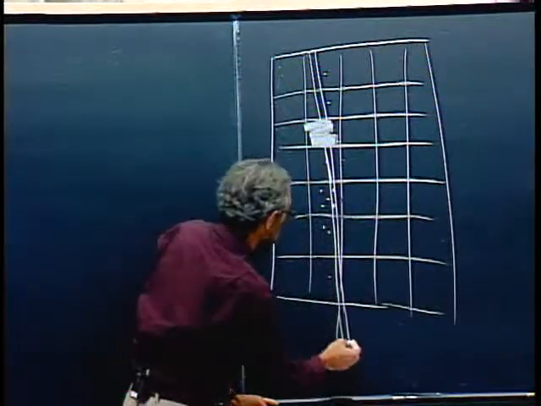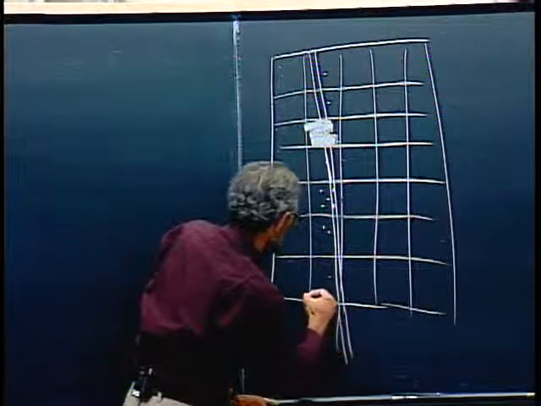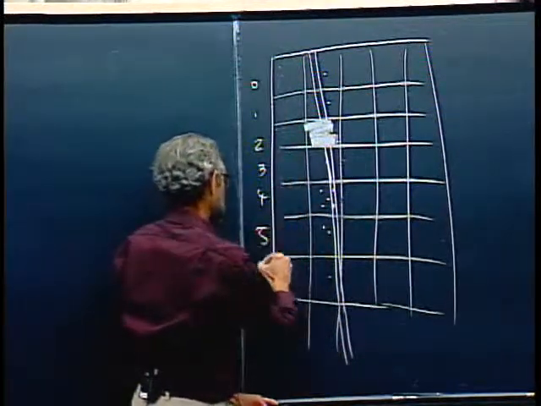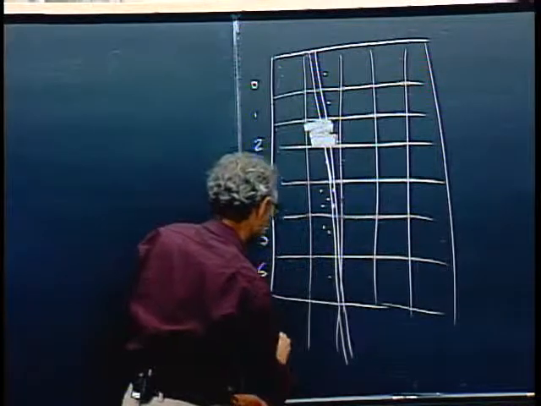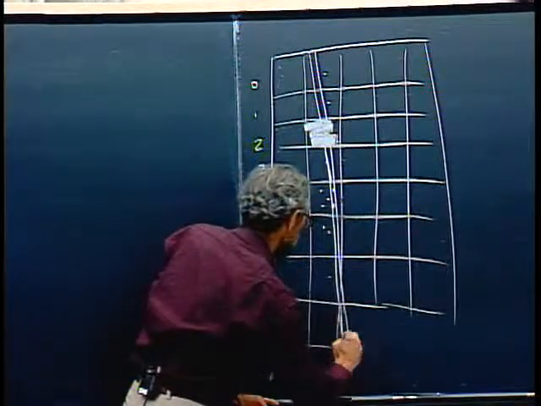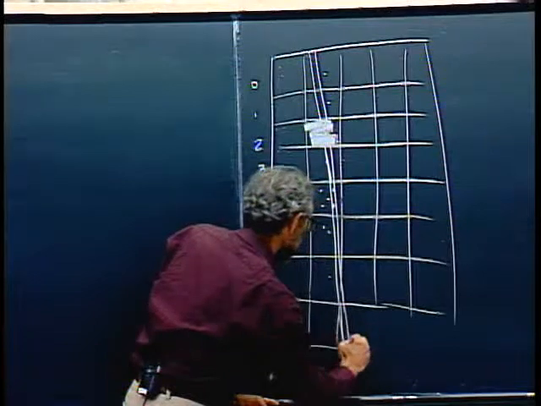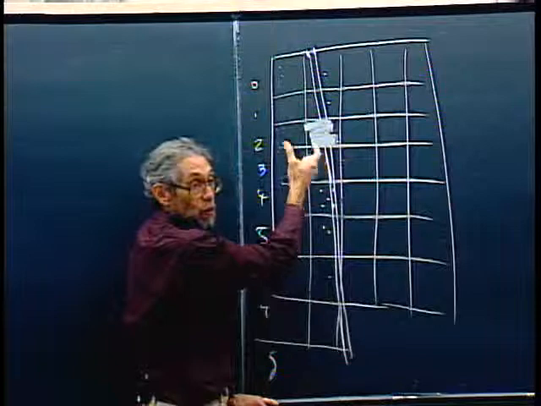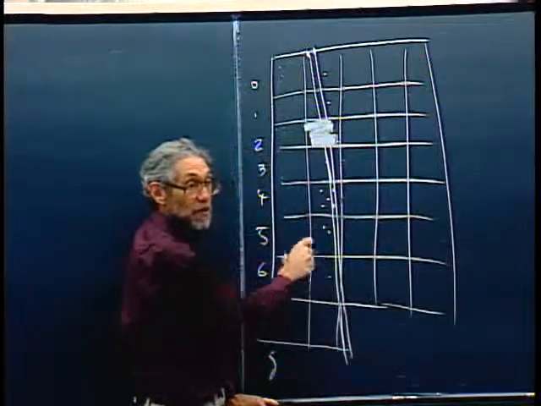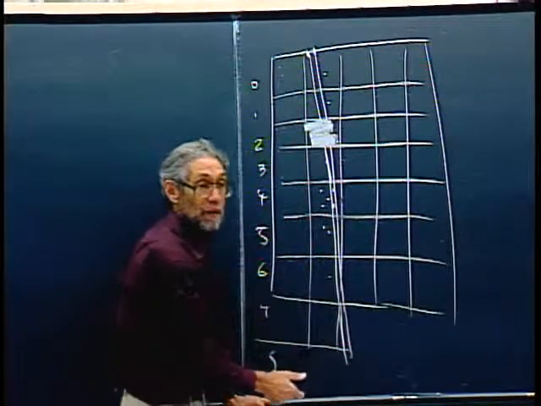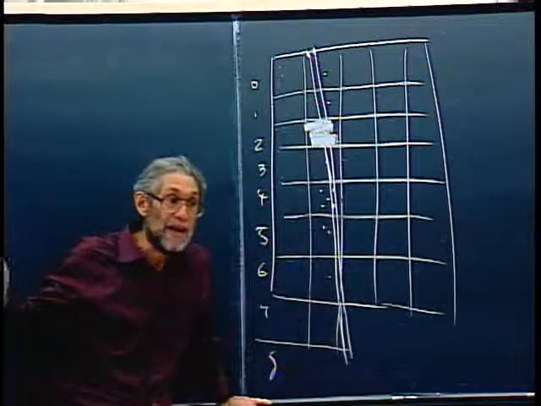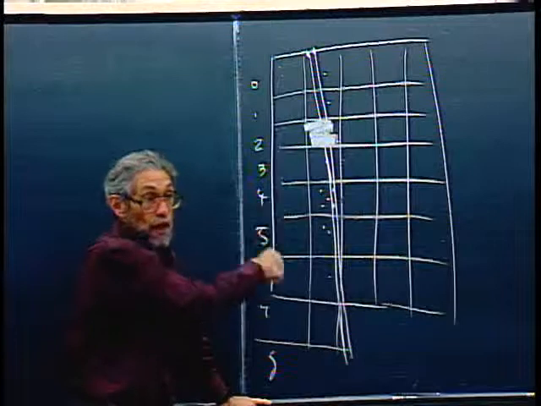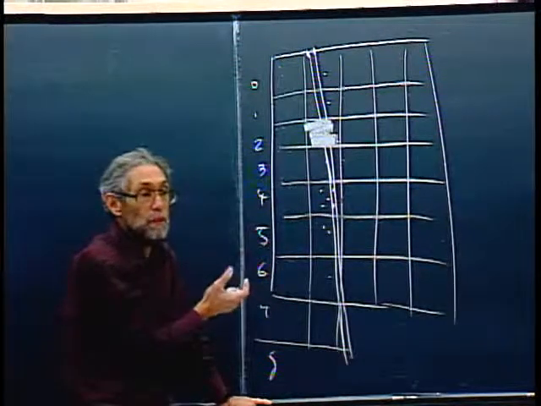Well, maybe this is row 0, 1, 2, 3, 4, 5, 6, 7, 8. So by the time it gets over to the next one here, it's going to sort of look like there. So it's the slope rather than the width that determines the repeating cycle. But if it's an integer, it's repeating. If they were random, it wouldn't do that. The distribution of which pixels were on would be more random. You wouldn't see the repeating pattern.